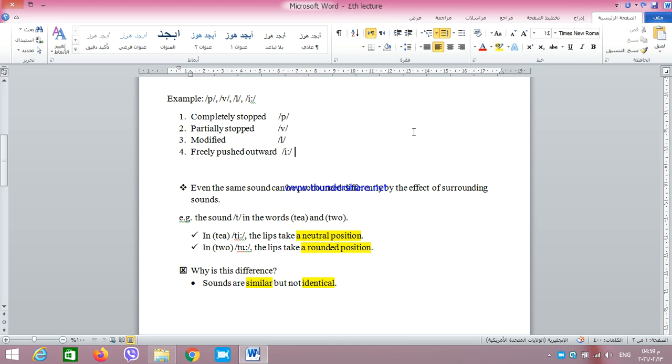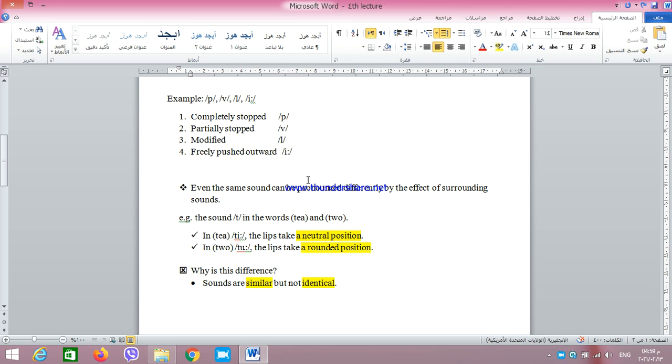Now, sometimes we said the air goes out freely. That is in the pronunciation of sounds like E. Look, nothing is in the way. The air goes out freely. There is no obstruction. There is no speech organ that is stopping the air from going out, neither partially nor completely, nor is there any modification of the airflow.